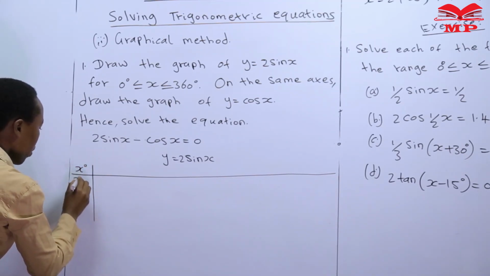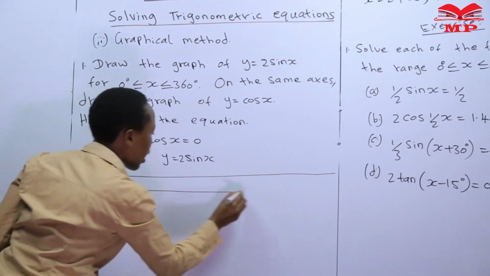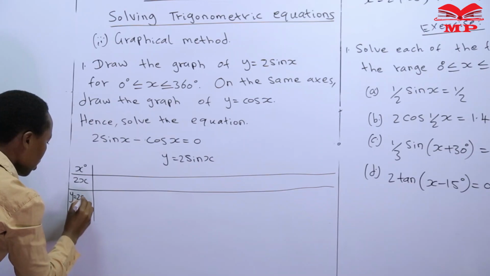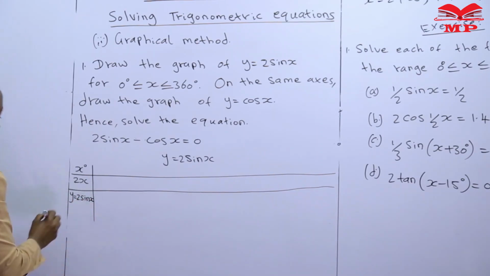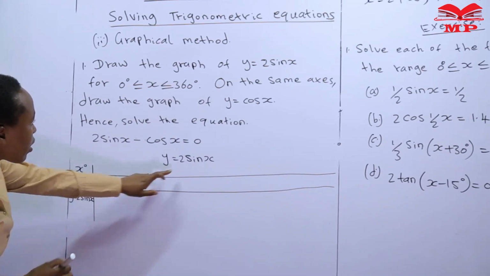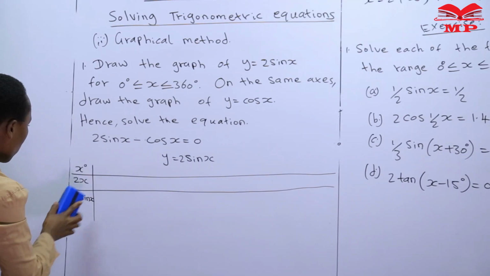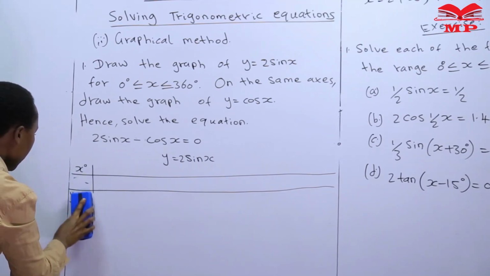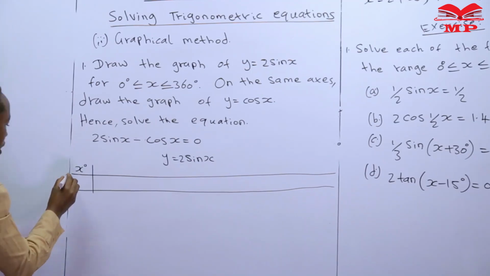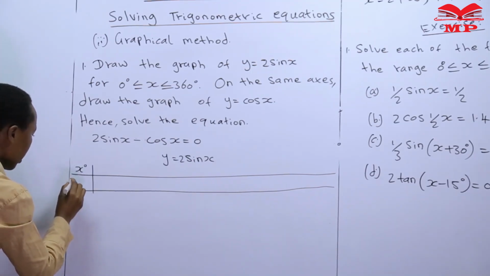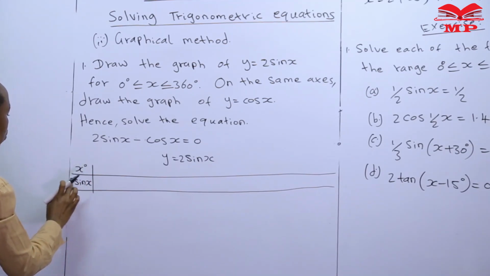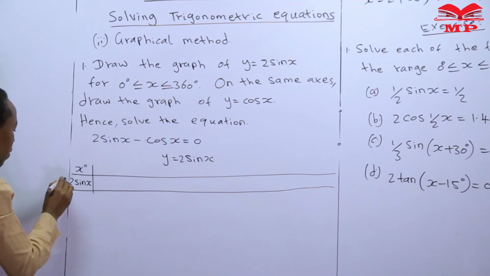Then finally our y, which is equal to 2 sine x. It is not 2x, it is simply sine x: y is equal to 2 sine x. So we are simply getting the sine of x, then we multiply it by 2 to get the value for our y.